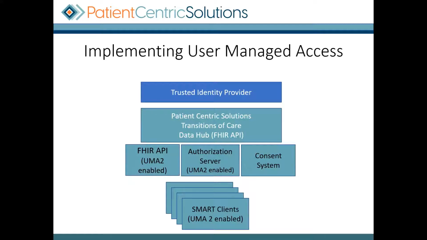The authorization server verifies authentication via the trusted identity provider, then interacts with the consent server, the FHIR API, and the client to either authorize or deny access. The client is based on a SMART client with just a little extra intelligence to pass additional tokens in its request for information.